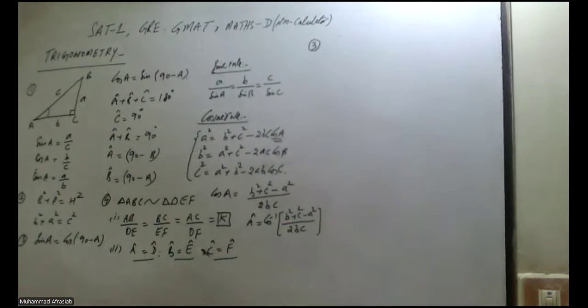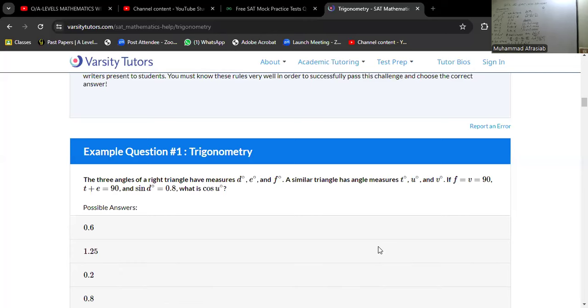Now question number 3. The three angles of a triangle have the measurements D, E, F. A similar triangle has the measurements T, U, and V. If F is equal to U is equal to 90, and T plus E is equal to 90, then sine of D is equal to 0.8.